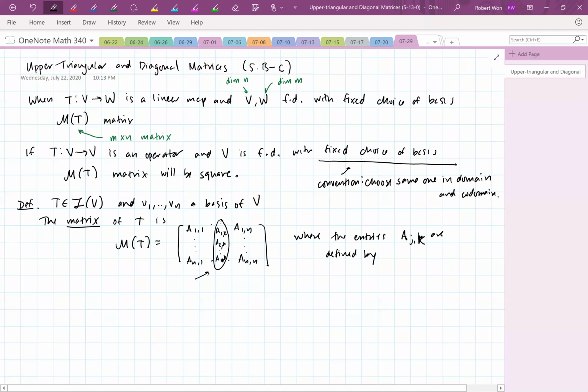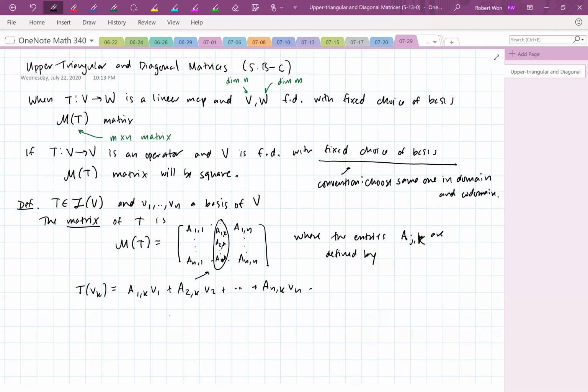So this kth column will tell you that T of VK is equal to A1K V1 plus A2K V2 plus ANK Vn. Now, the kth column tells you how to write T of VK in terms of the basis. And in making this definition, I'm already assuming that I'm using the same basis for V as both the domain and the codomain.